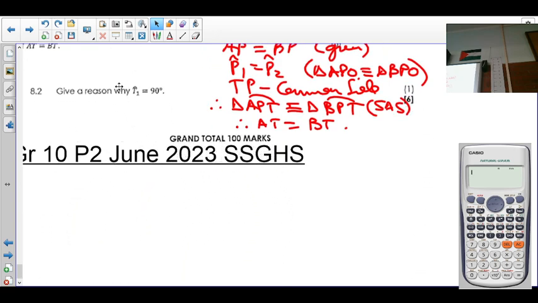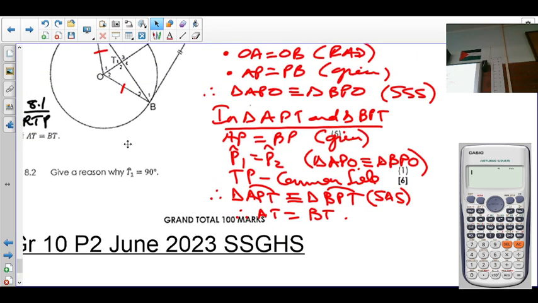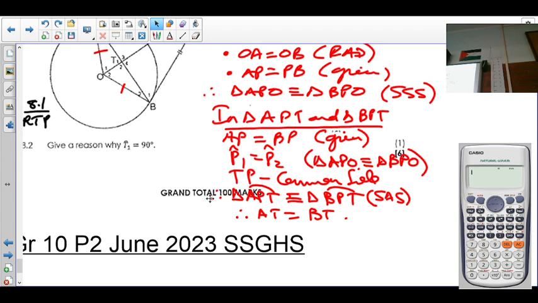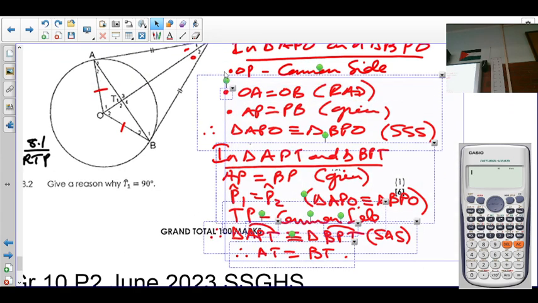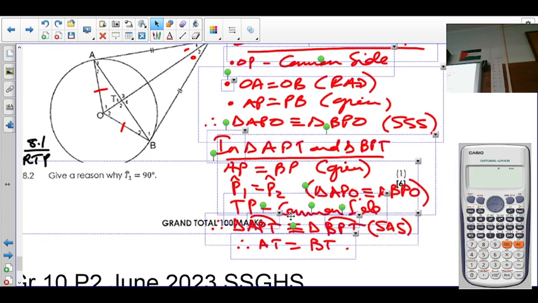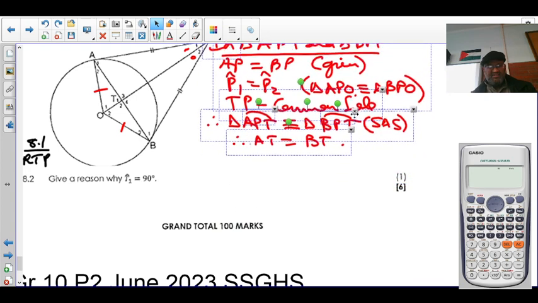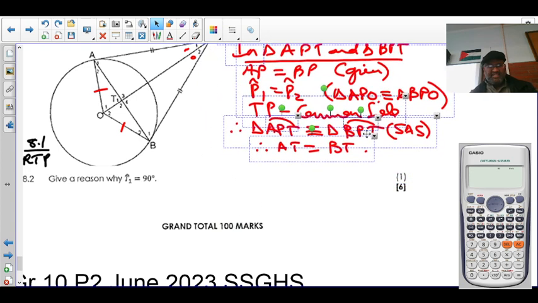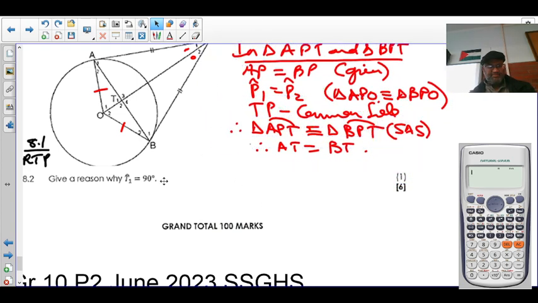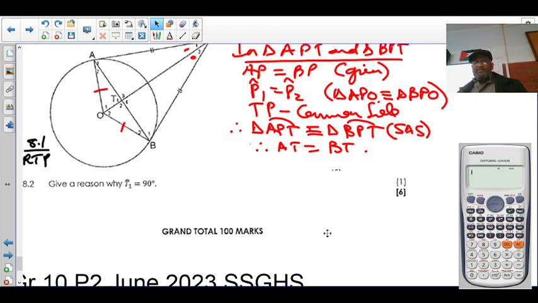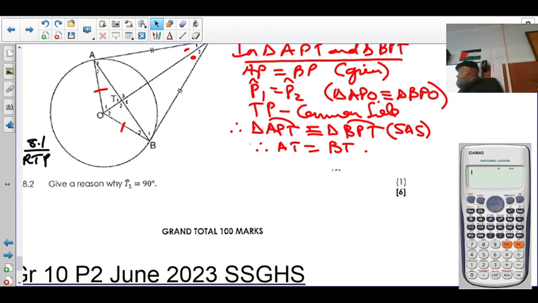People, let's look at the next question. I'm going to pull this up, and I'm not going to delete it at this point, just in case I need it again. Now we are told to give a reason why T1 is perpendicular, or T1 is 90 degrees.